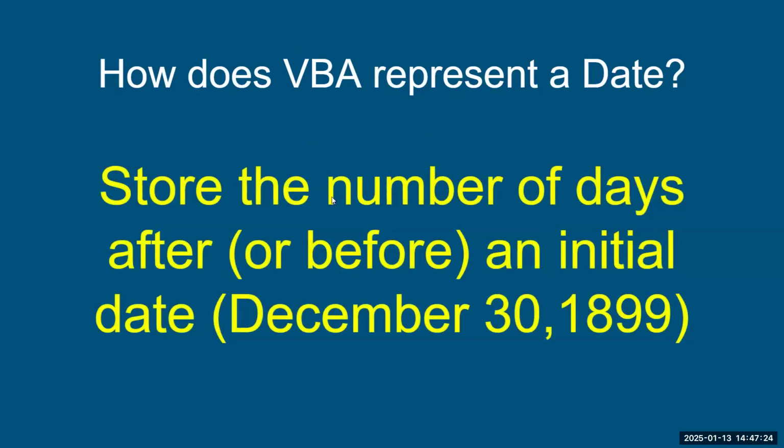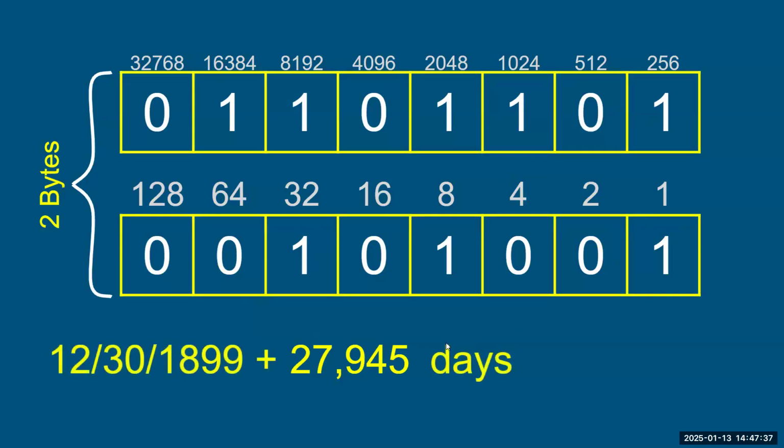Okay, what about a date? It turns out that VBA stores the number of days after or before December 30th, 1899. Isn't that interesting? What a great day. So they take this date, December 30th, 1899, and add the number of days after it, and that's where this 27,945 comes from, this number right here in memory.